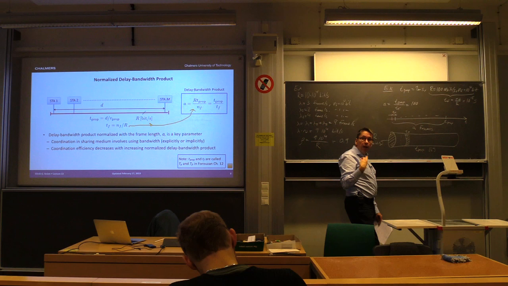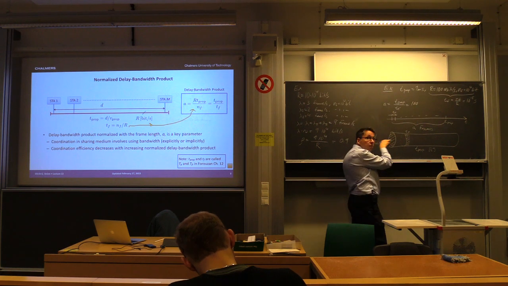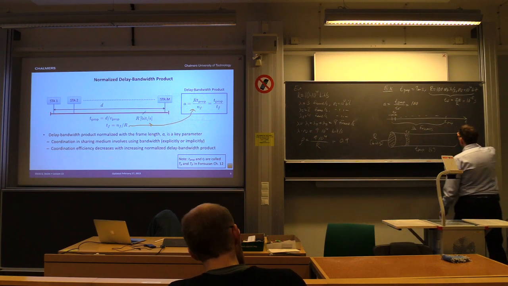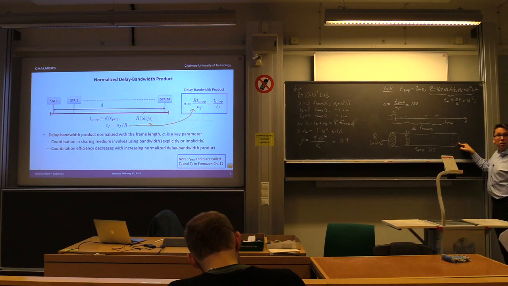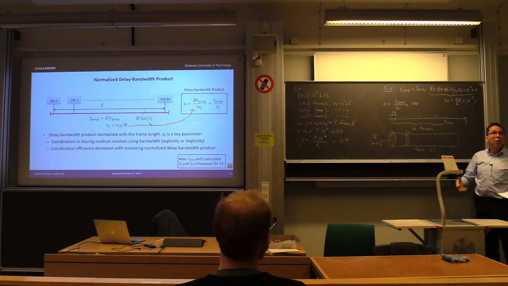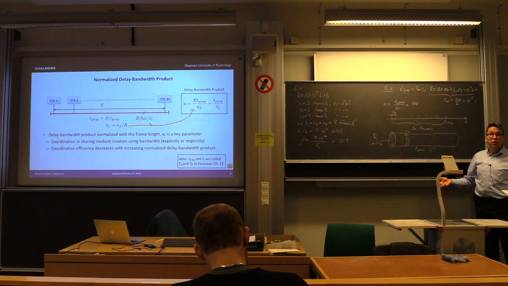So at any point in time, if I push in frames from the left-hand side, there are A of those frames that could be in progress towards the receiver. So the medium itself stores up to A frames. In this case, 100 frames in the medium itself. Any questions on the delay bandwidth product?